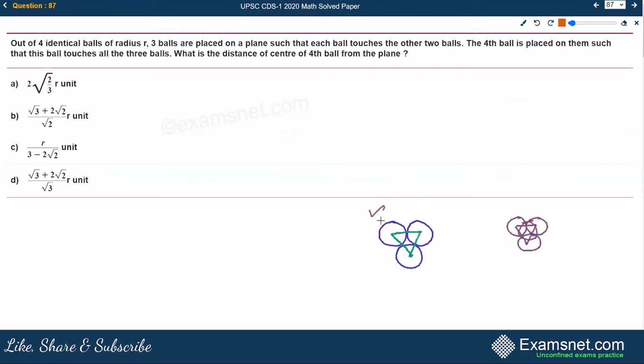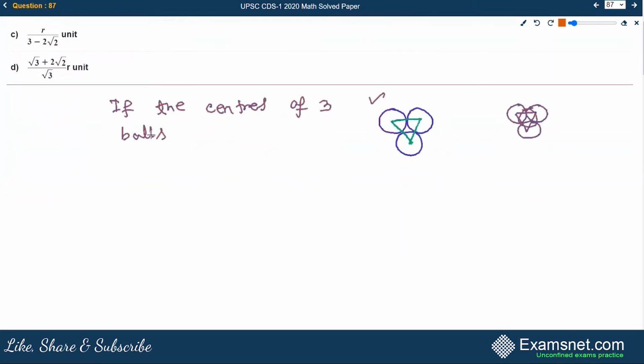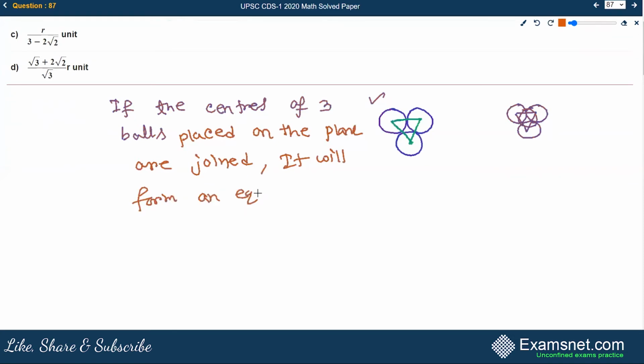Now look at this figure. As we can see here, if the centers of these 3 balls placed on the plane are joined, it will form an equilateral triangle of side 2r units.